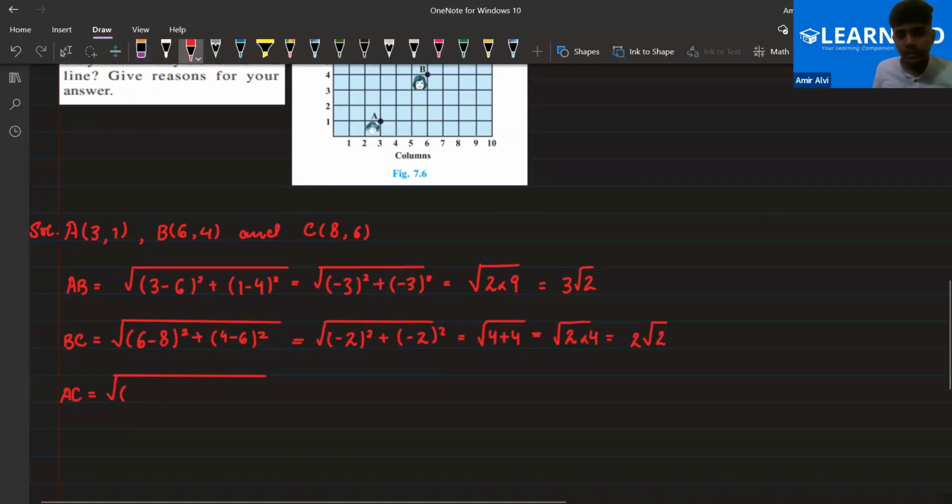Let's take this as CA because we are going in the clockwise direction: AB, BC and CA. So 8 minus 3 whole square, yes or no, Gianna? If you change the order, the answer is not going to change. If you take AC, the answer would remain the same. Plus 6 minus 1 whole square.